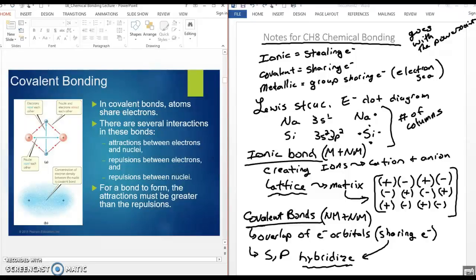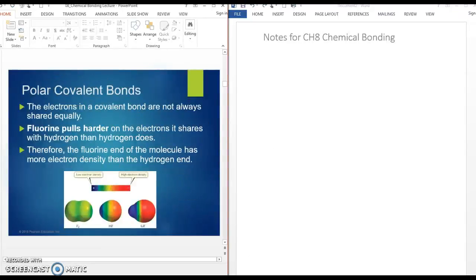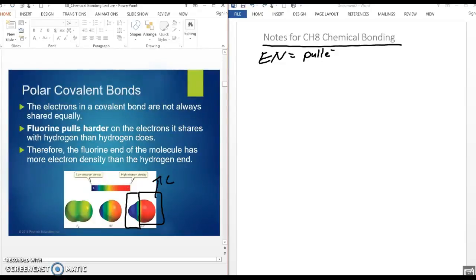Let's see here. So, polar covalent bonds, this is going to refer to the change in electronegativity. Now, if we remember electronegativity, that is the pull of electrons. So if we imagine cutting a molecule in half between both elements, this one has a much higher electronegativity.